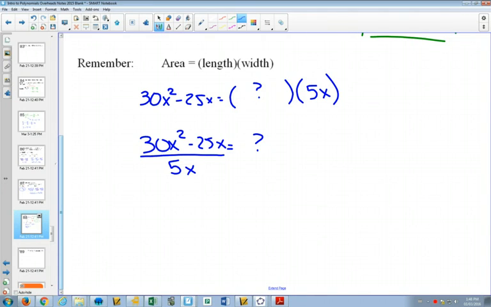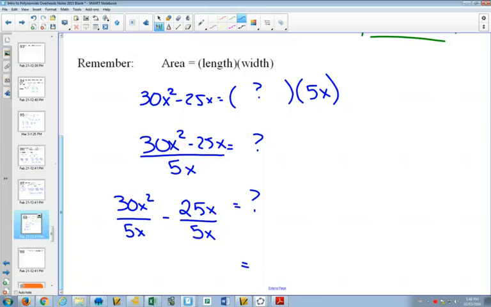When you do that, to show your work, you would say the 30x squared has to get divided by the 5x, and the 25x has to get divided by the 5x. So the question mark's going to equal, what happens in the first one? 30 divided by 5 is? 6. And x squared divided by x? Just x.